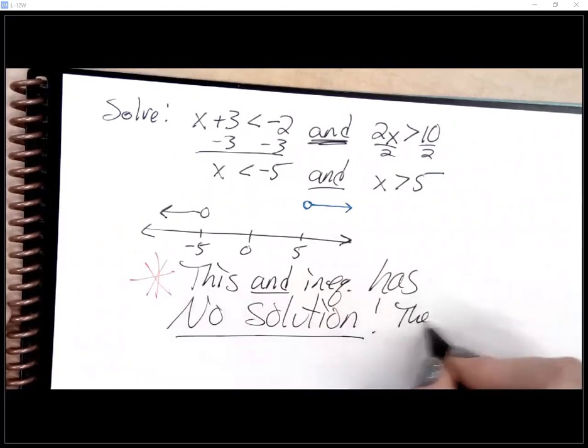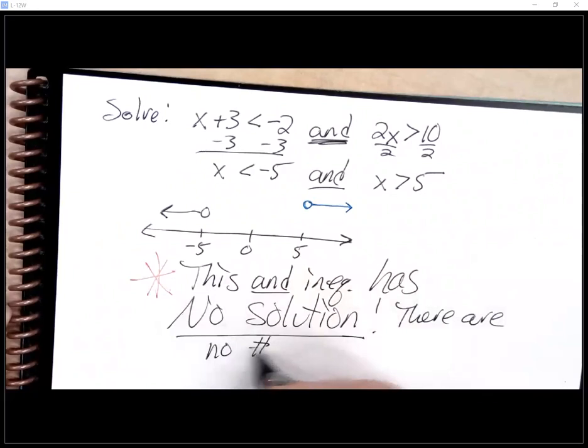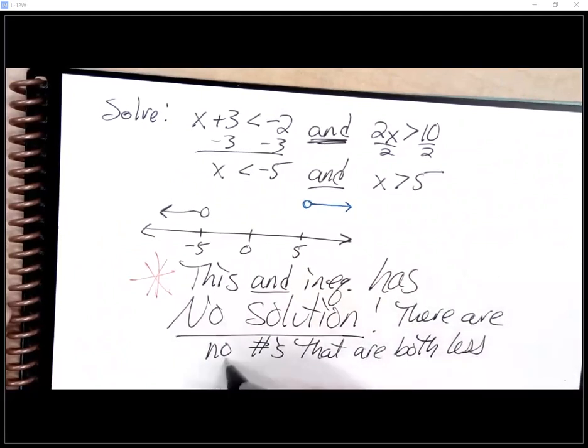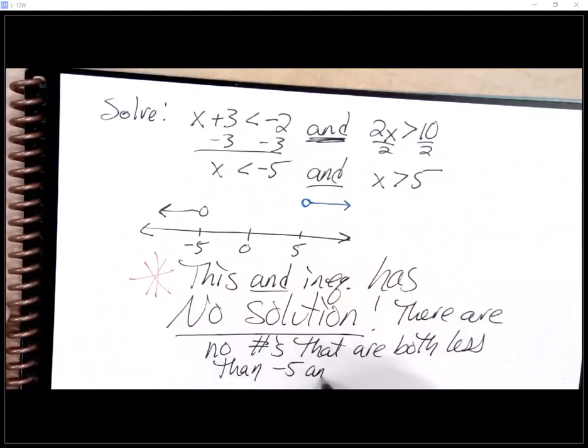There are no numbers that are both less than -5 and greater than 5 at the same time.